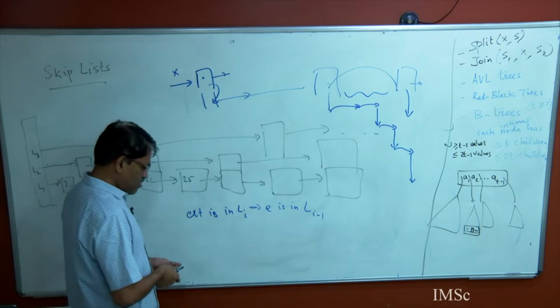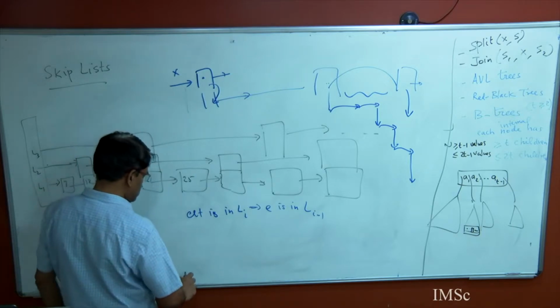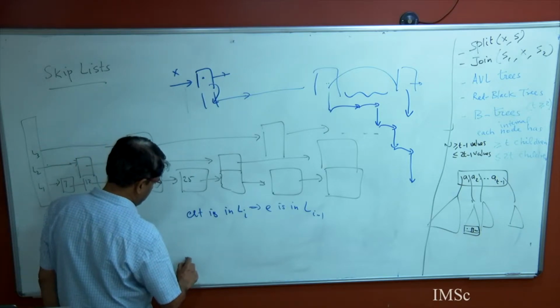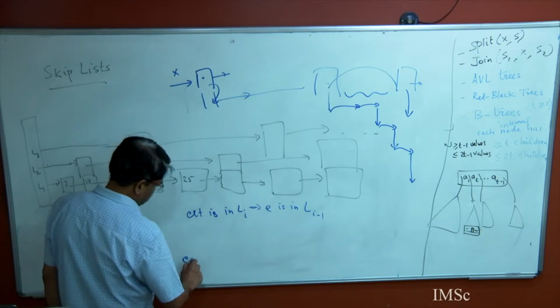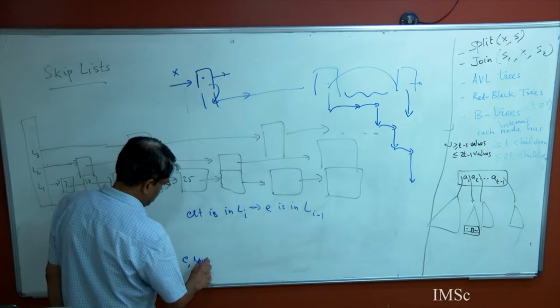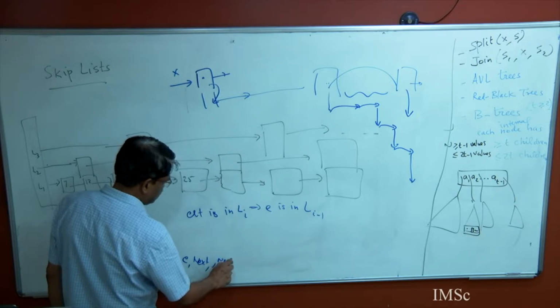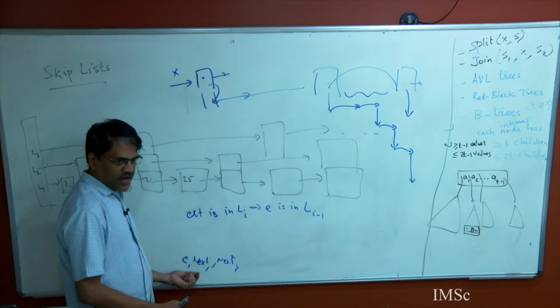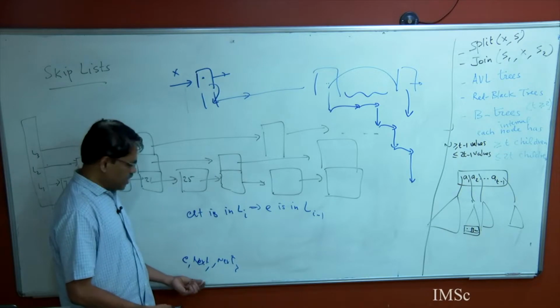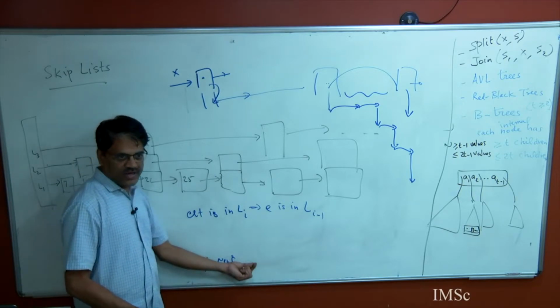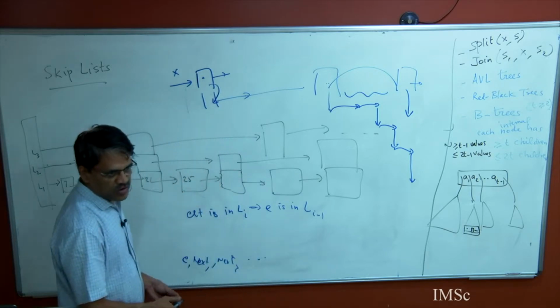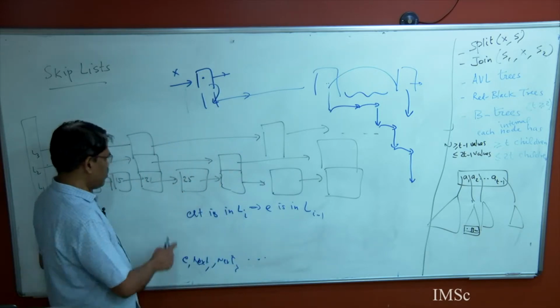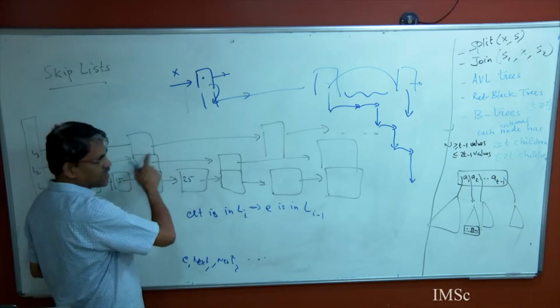So all I have is just the elements. You can think of it like this. I have an element E, and next one, next two, right? So the next pointer, next element in list 1, next element in list 2, next element in list 3, and in all the lists it's part of. Okay, so it's basically this picture I have drawn.